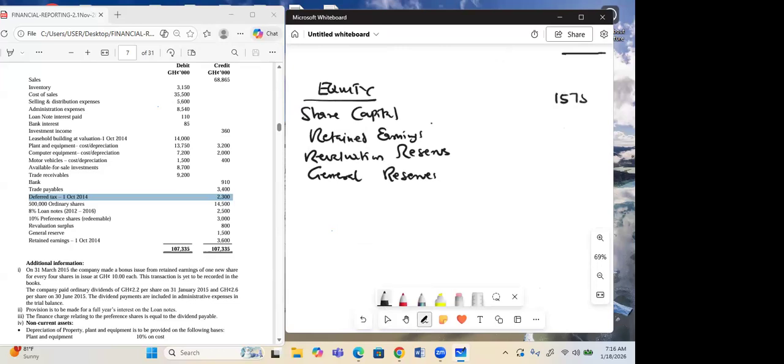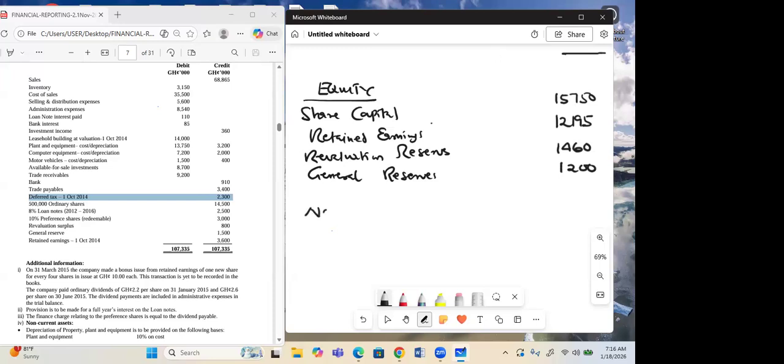Revaluation reserves 1,460. And then general reserves 1,200. So that is it.